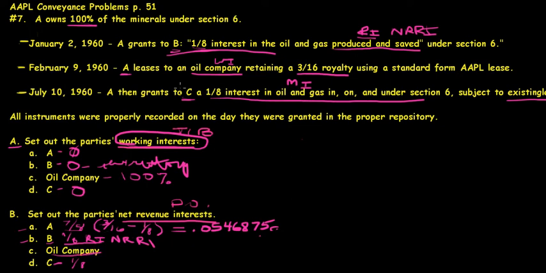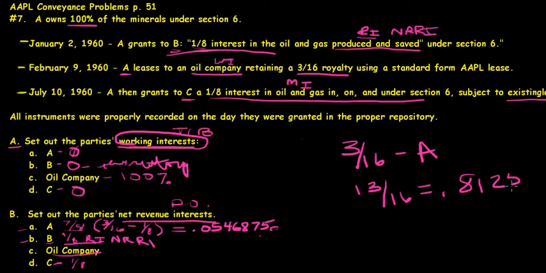So if we know the oil company granted a 3/16 royalty to A, then the oil and gas company's net revenue interest is going to be the remaining 13/16. And if you divide 13 by 16, then you're going to get a 0.8125. And so that's the oil company's net revenue interest.